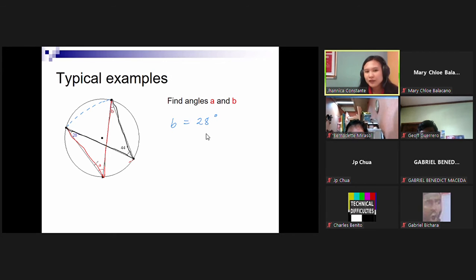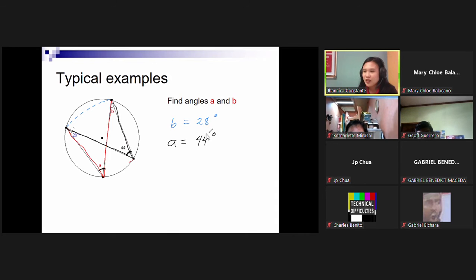I drew an imaginary chord. Looking at the two triangles, they are sharing the same chord, right? So that means angle A has a measurement of 44 degrees also.